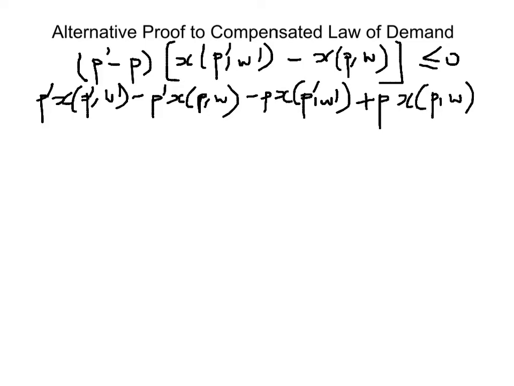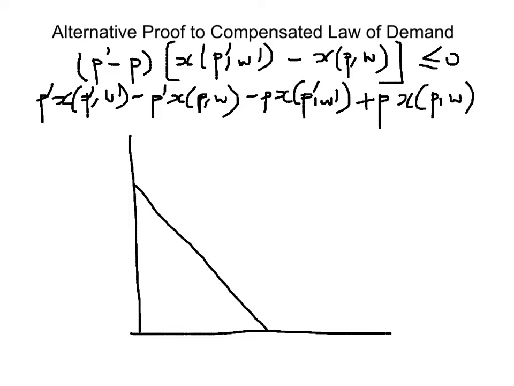Let me show what the budget sets look like. So first I have prices P. Here's a budget set, and I pick x(p, w).